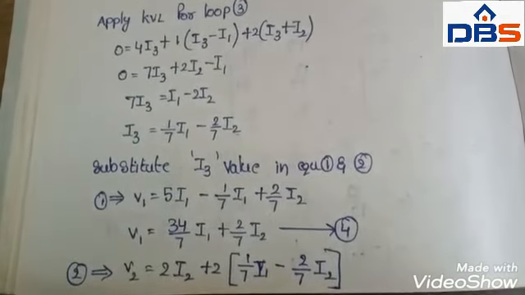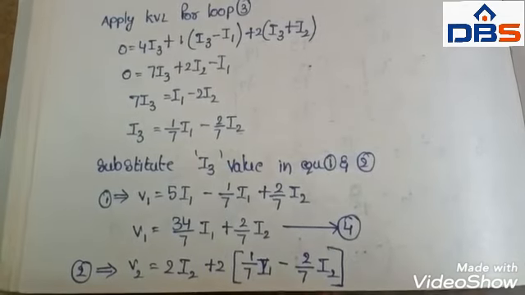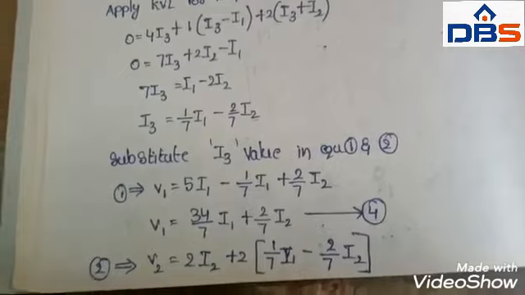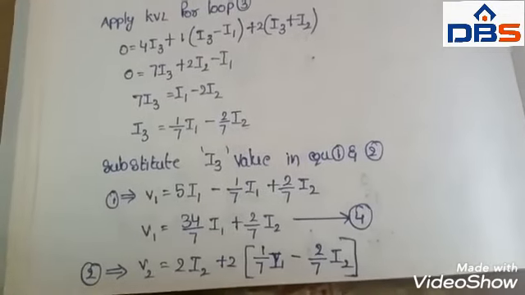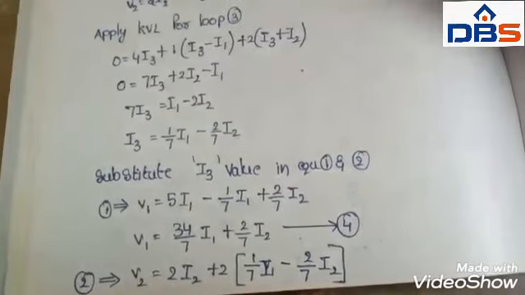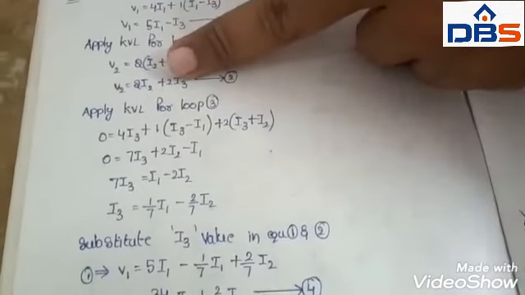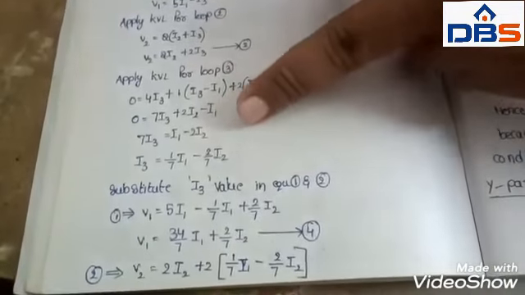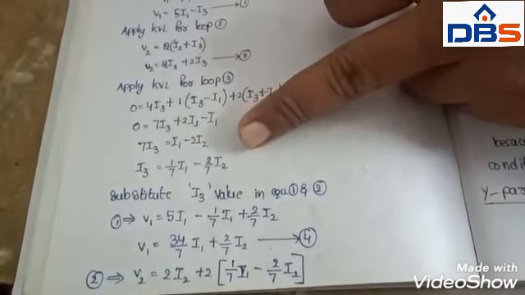Substituting the I3 value, we get the V1 value. So V1 equal to 34 by 7 I1 plus 2 by 7 I2, termed as equation 4. In a similar manner, from equation 2, V2 equal to 2I2 plus 2I3, but I3 is 1 by 7 I1 minus 2 by 7 I2.